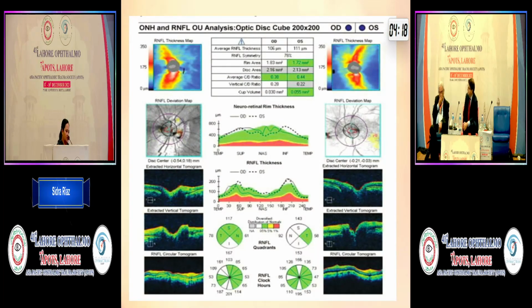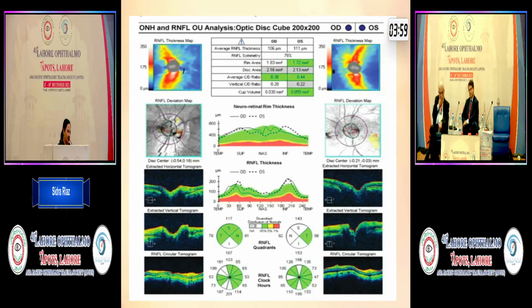Here you can see in the upper half the butterfly shape or hourglass appearance of both right and left discs. Not only are they shown, but also a table showing the rim area, retinal nerve fiber symmetry, and average cup disc ratio in both eyes.